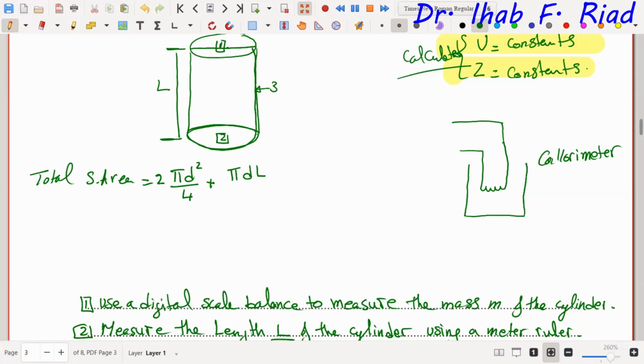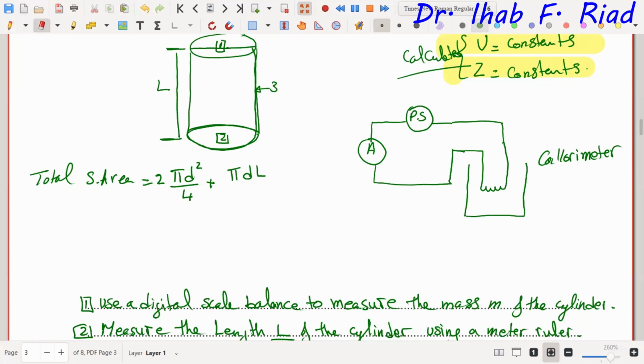Then we have a battery or a voltage source, whatsoever, a power source. We have an ammeter and a voltmeter.